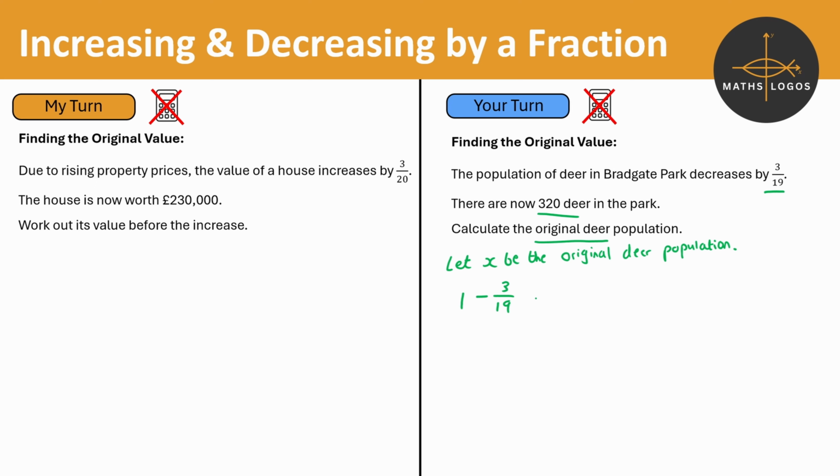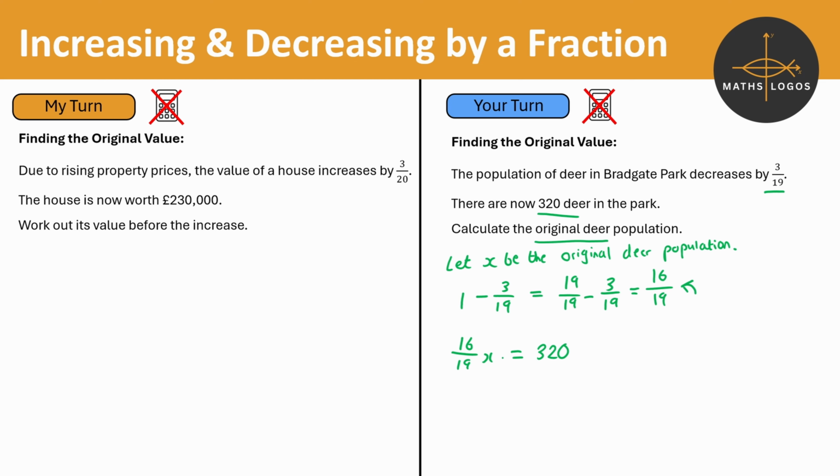So if we work out this calculation, it will give us what fraction remains. 1 I'll write as 19 over 19, and I'll take away my 3/19. 19 subtract 3 is 16. So what that means is 16/19 of the population remain. 16/19 of the population, so 16/19 of x, is equal to the remaining number of deer, which is 320.